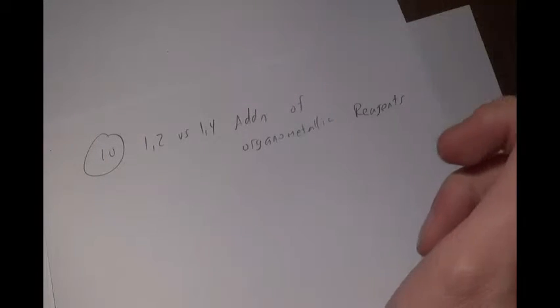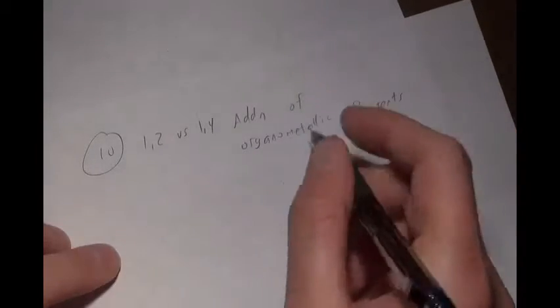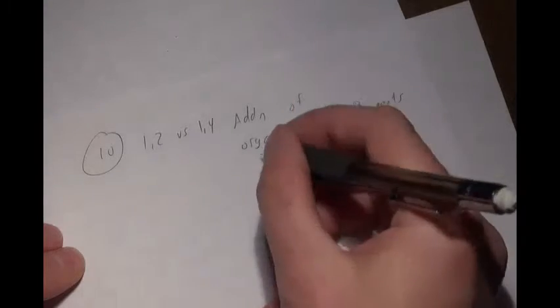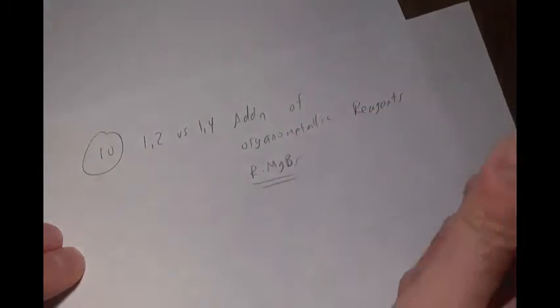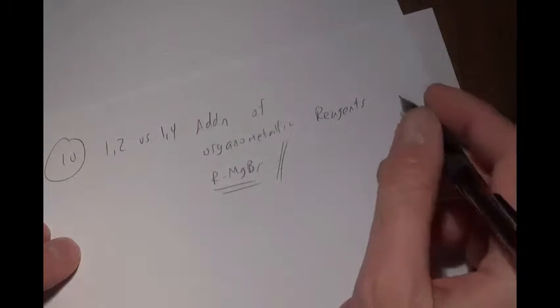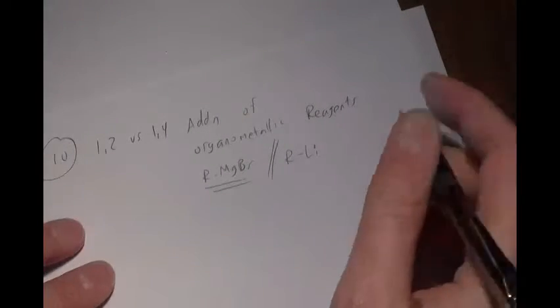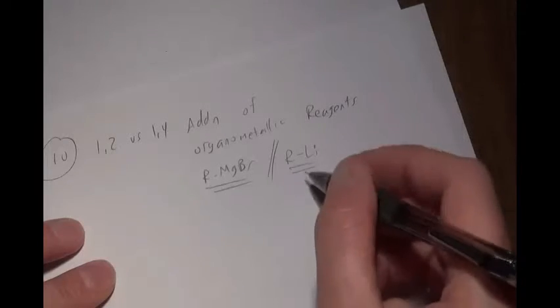What organometallic reagents did we focus on a lot? Generally RMgBr, right? Grignards. What's the other one? The other metal that we've seen a lot. Lithium. R-lithium, yeah? Okay, so these are the common ones we've seen 1,000 times since organic 1.